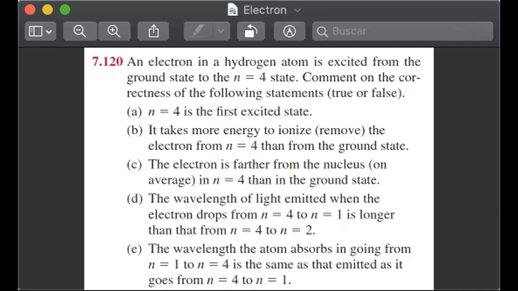B, it takes more energy to ionize or remove the electron from n equal 4 than from the ground state. No, that is false too. Why?